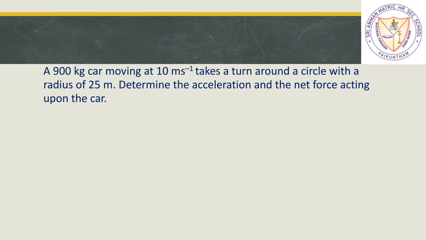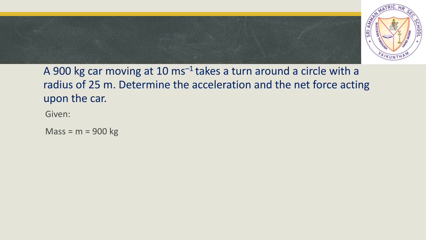So the mass of the car is given, the velocity of the car is given, the radius of the circular path is also given. They are asking us to calculate the acceleration and the net force. So here it is a question of centripetal acceleration and the centripetal force.